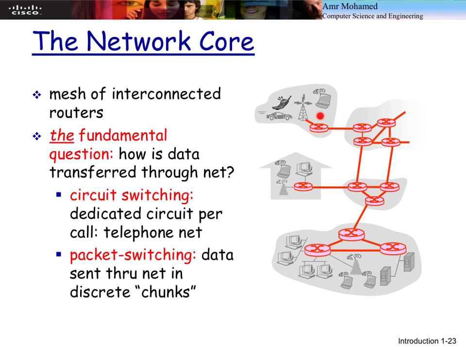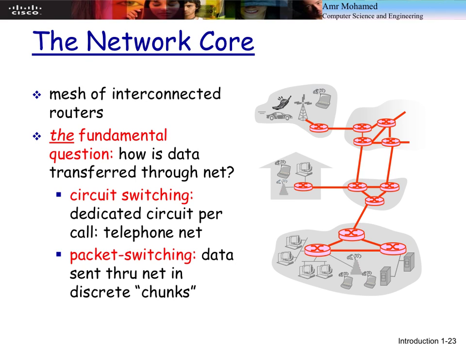So we say that these networks are interconnected, meshed together, and they can form circuit switching or packet switching. For circuit switching, we talk about a dedicated circuit. For example, when we try to make a call over the landline, the first thing that happens is that we hear a ring.